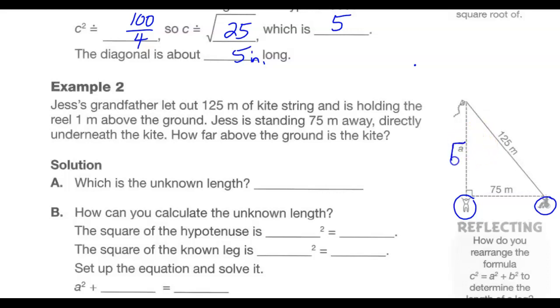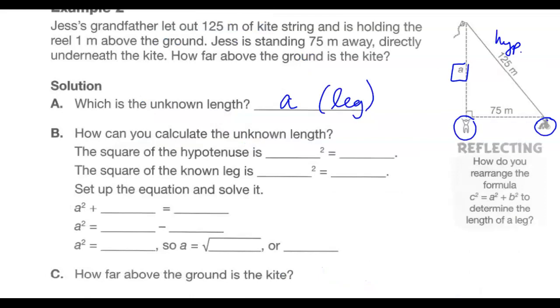We want to find out what a is. We know the length of the string, that is the hypotenuse. We know how far Jess is from her grandfather, that's 75. And we want the vertical height, which is a leg of the triangle.